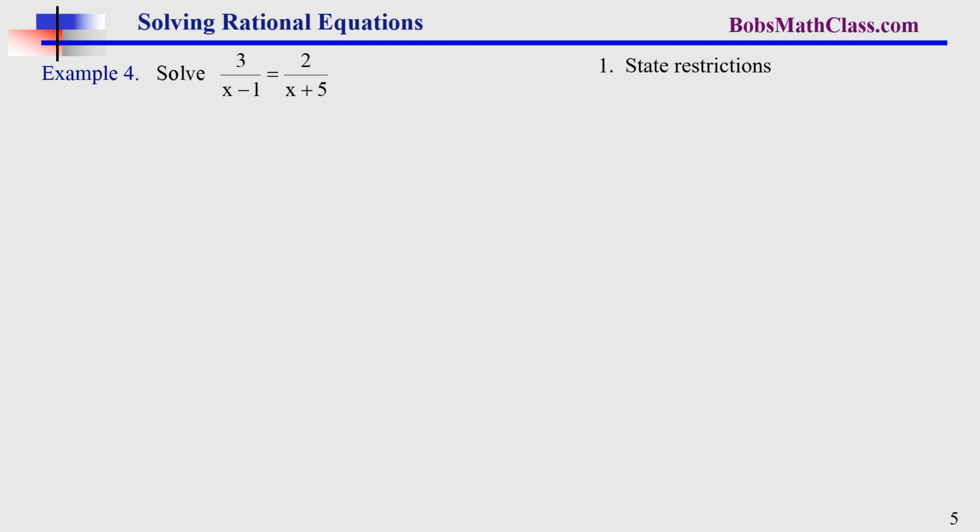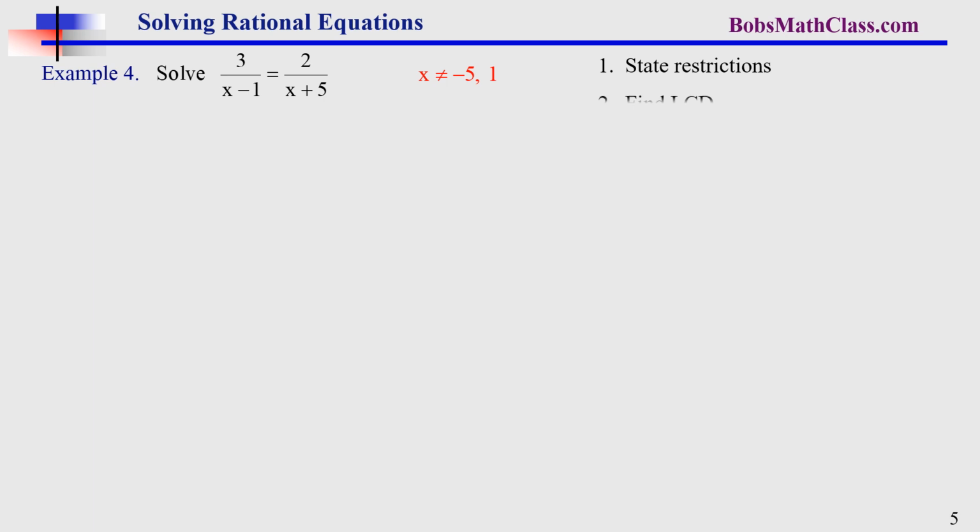Because if x is 1, 1 minus 1 is 0, and we get 0 in the denominator, which is undefined. So the restriction for the fraction on the left of the equal sign is x cannot equal 1. How about for the fraction on the right of the equal sign? Right, x cannot equal negative 5. So those are our two restrictions, positive 1 and negative 5.